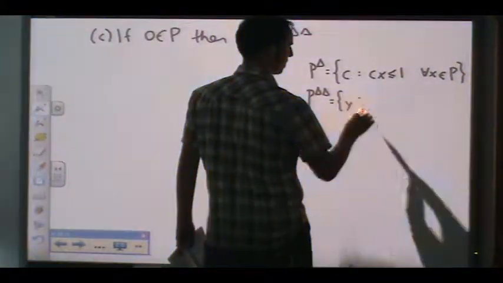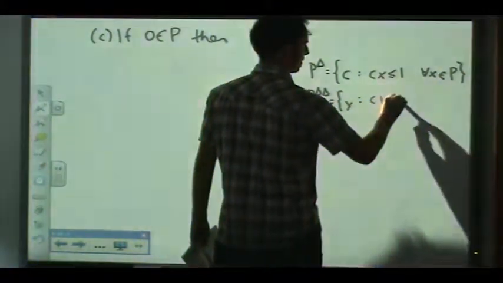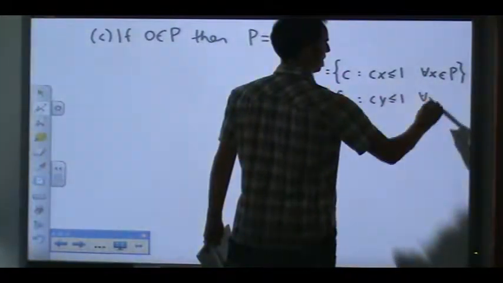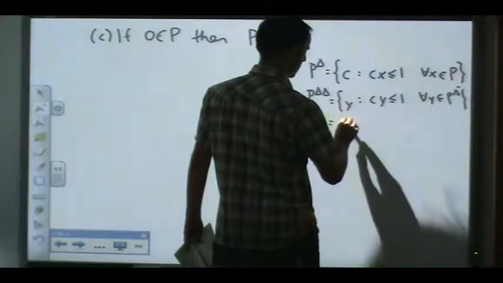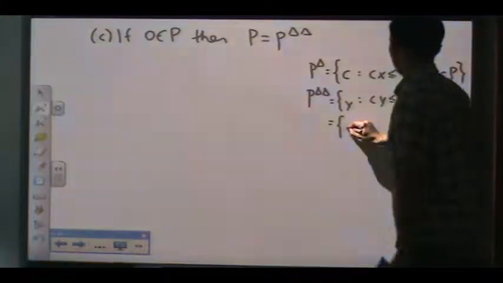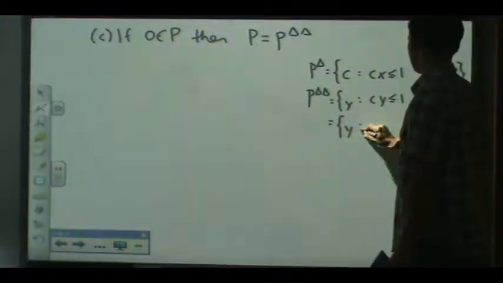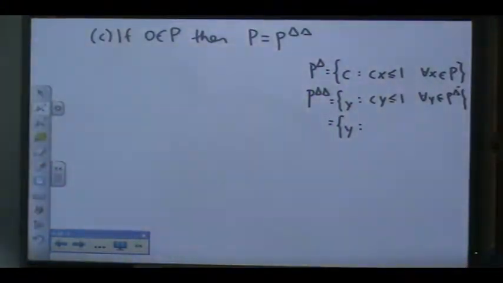So what do I get? I get y such that Cy less than or equal to 1 for all C in P dual.